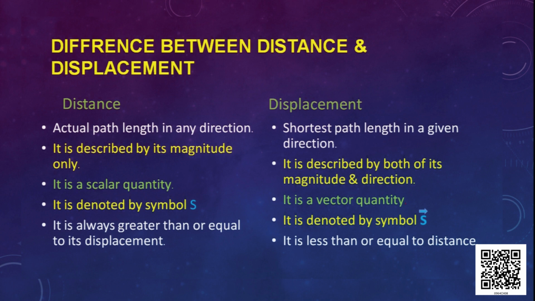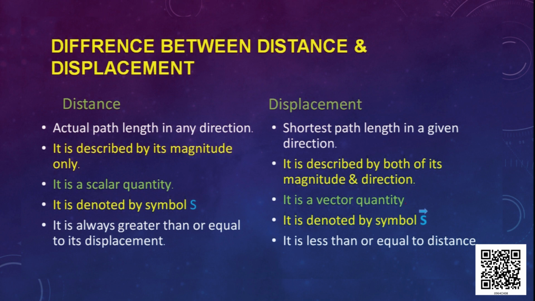So magnitude with direction gives rise to displacement. Distance is a scalar quantity because it is described by its magnitude only. Displacement is a vector quantity because it is described by both magnitude and direction.